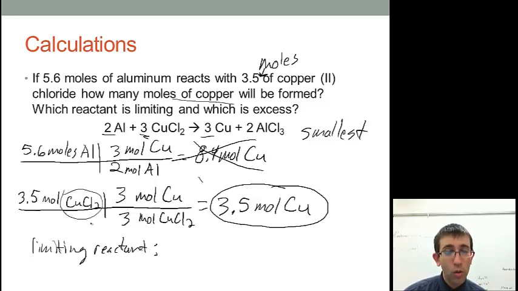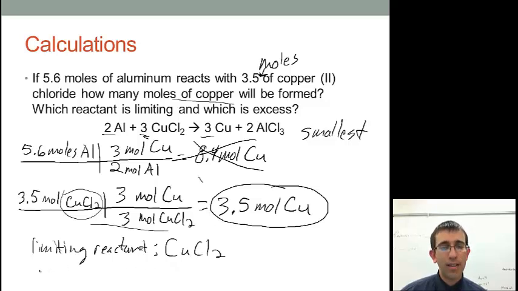Well, copper chloride gave us the smallest number. So the copper chloride is called the limiting reactant. The excess must be my other reactant, so whatever gave you the biggest number, or the other one, will be your excess reactant. That's the one we had plenty of, and that's aluminum.